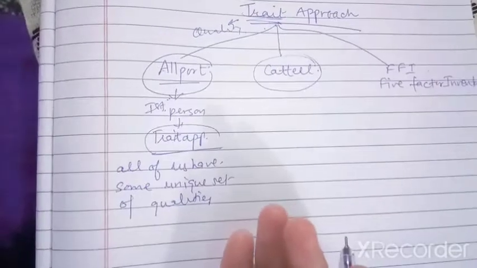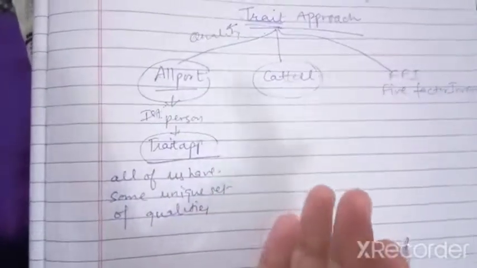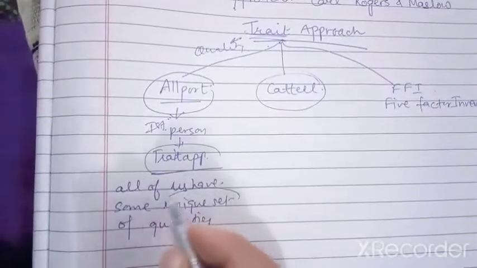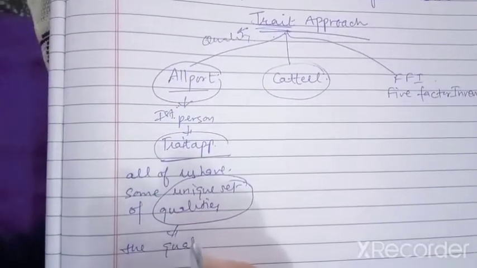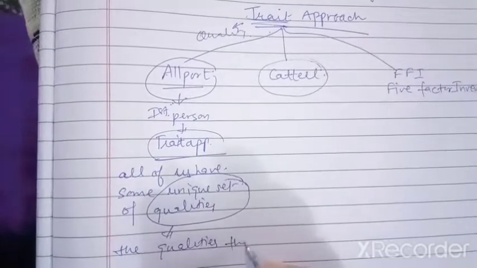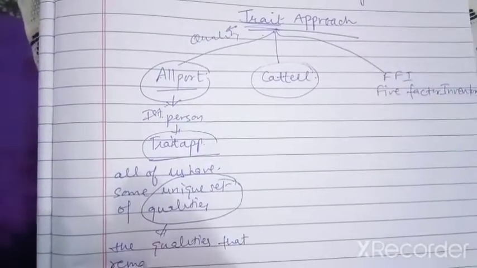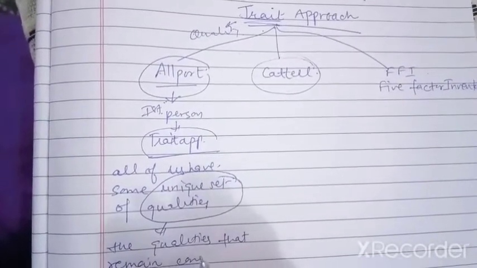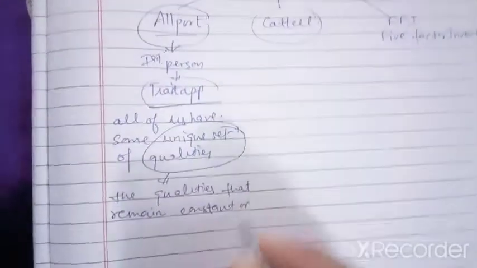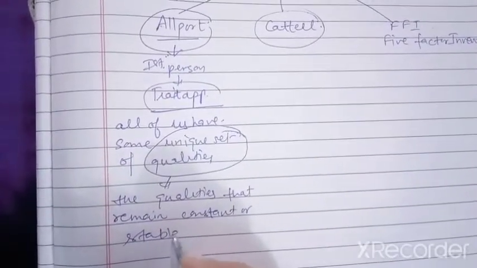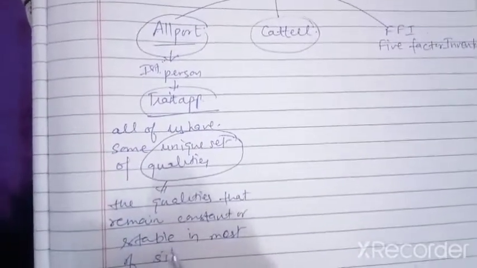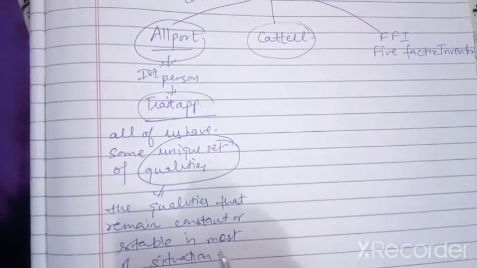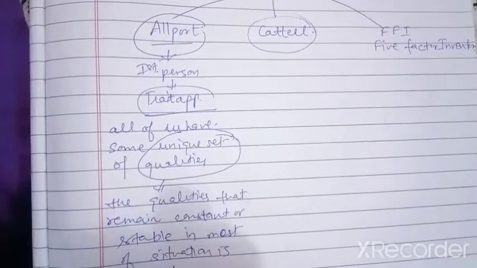It's a normal thing that all of us have different unique sets of qualities. From those unique sets of qualities, the qualities that remain constant or stable in most situations are called traits.